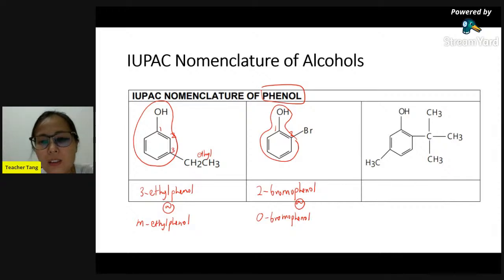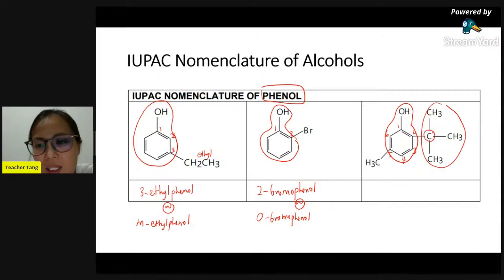Now we move on to look at the third example. This is the parent, carbon number 1, 2, 3, 4, 5, 6. What substituents do we have? This substituent has a total of 4 carbons, and this is the tertiary carbon. So this is tert-butyl, and this one is 5-methyl.